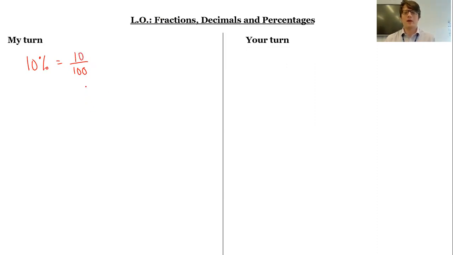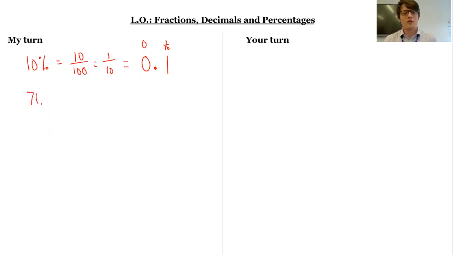So that was 10 parts out of 100, which we said we could simplify by dividing the top and bottom by 10 to 1/10. Now, as soon as I hear 1/10, I think to myself, oh, place value. So I can have my ones and my tenths column, 1 part out of 10, 1/10. So it's very easy to convert from percentages to fractions and to decimals.